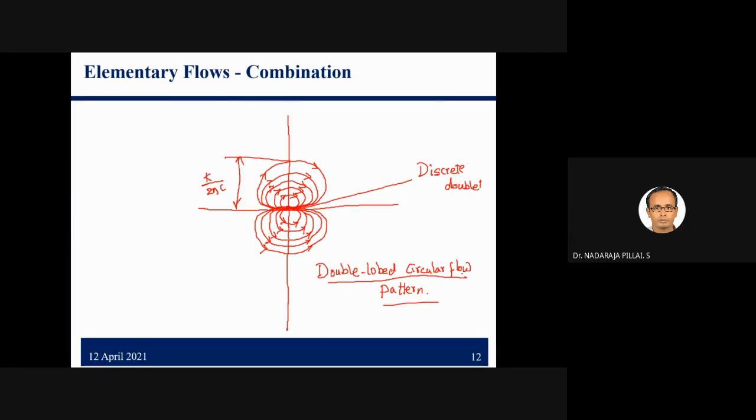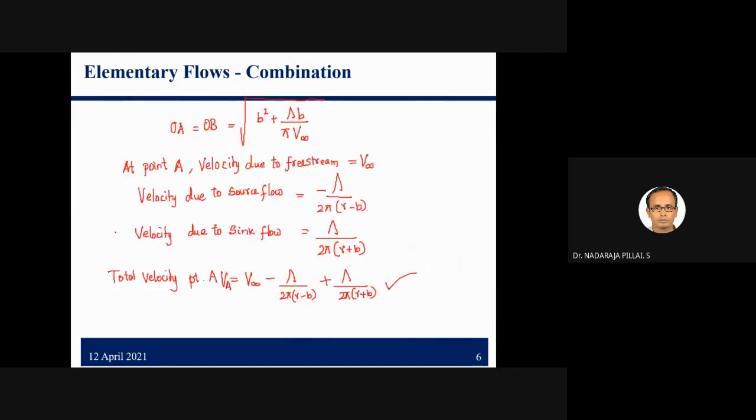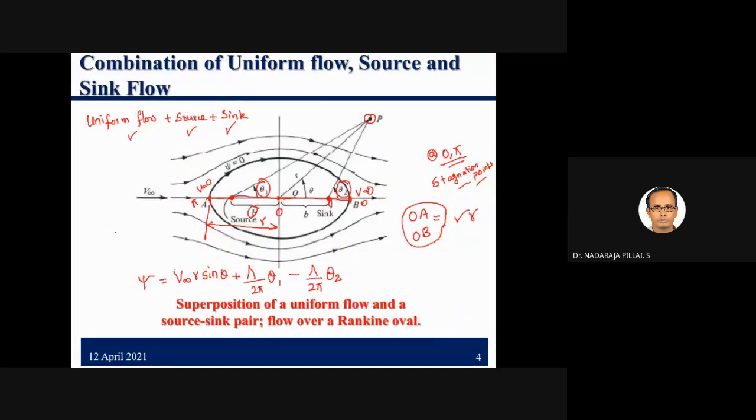Right? So this is an interesting elementary flow, by considering the source and the sink kept at the same point.